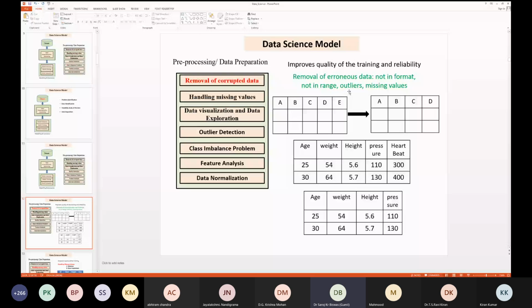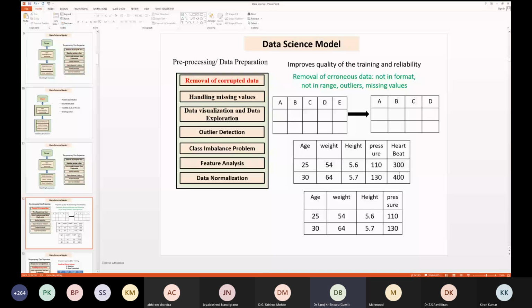So try to understand: if corrupted data is in the data set, then what is the problem? The problem is that if we train with corrupted data, then the training won't be good. Then the model we're going to devise won't be optimized, and it won't be acceptable.